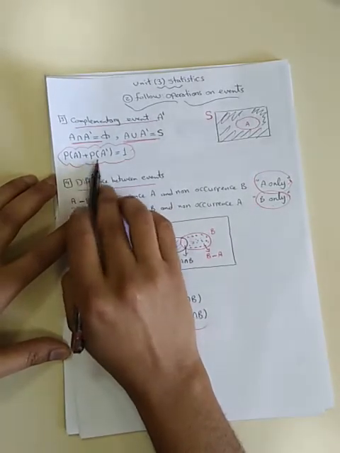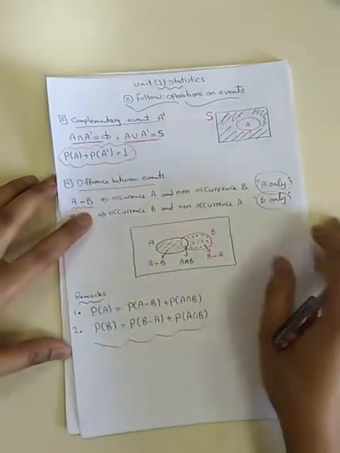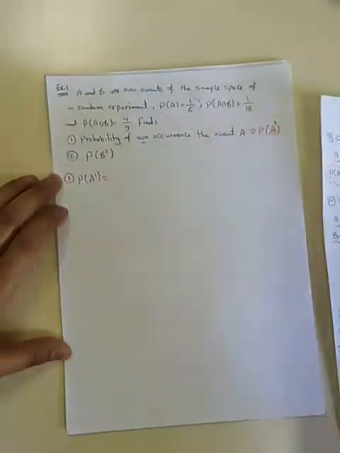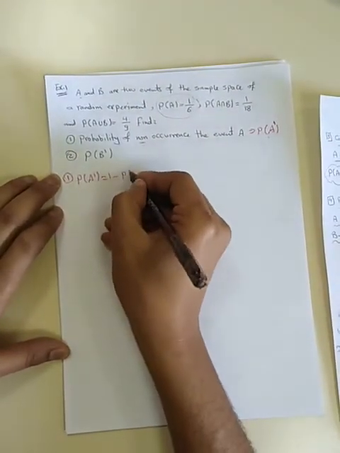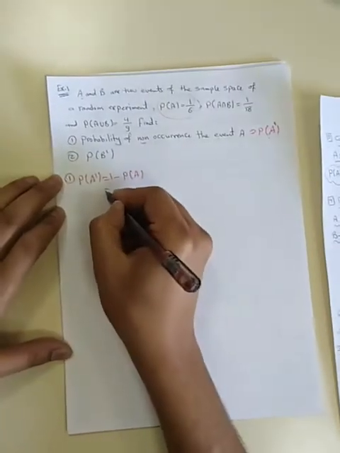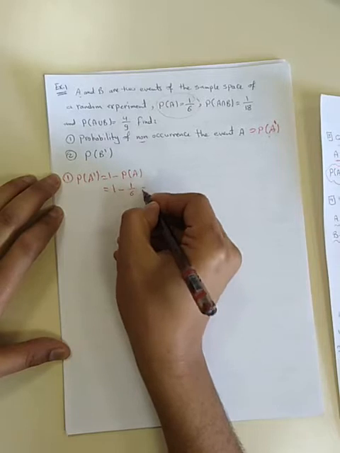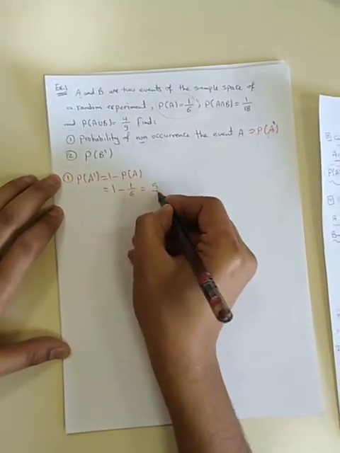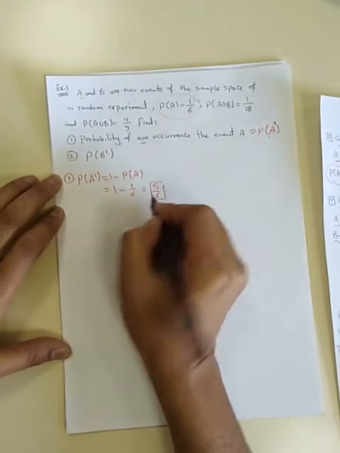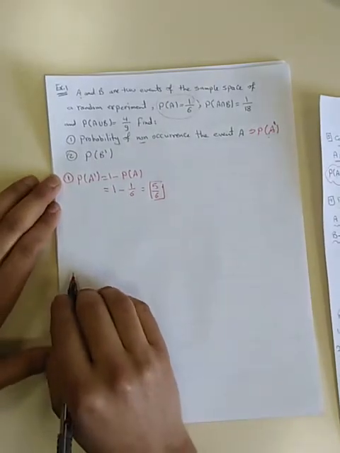Then any one of them is 1 minus the other. Probability of A dash equals 1 minus probability of A, 1 minus 1 over 6, and computing it will be 5 over 6 as a proper fraction.